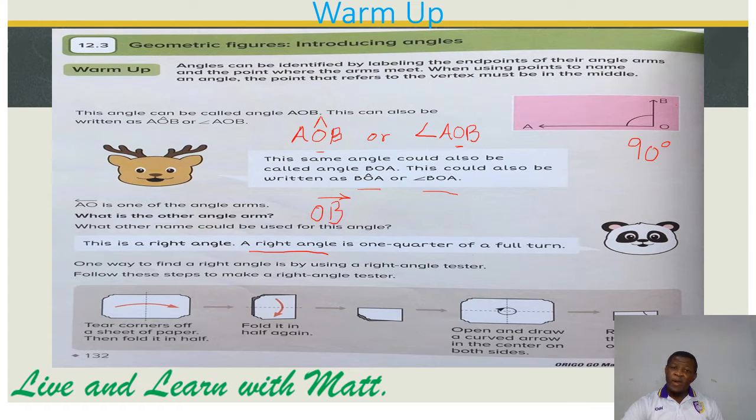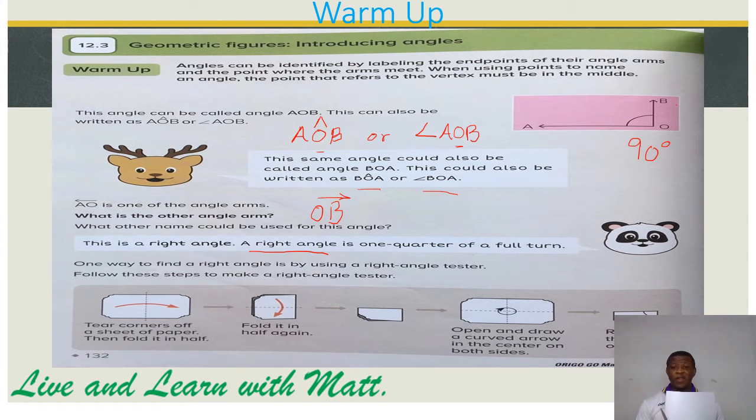Now, one way to find a right angle is by using a right angle tester. Follow these steps to make a right angle tester. So everybody get a piece of paper and a scissors.